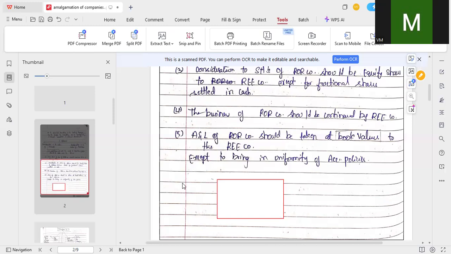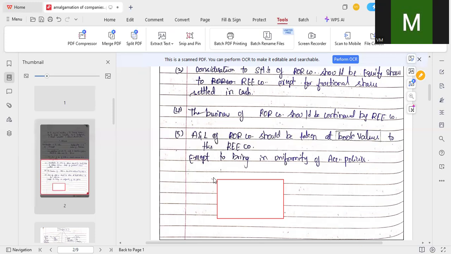The assets and liabilities of Instagram to be taken over by Facebook should be taken at book values, not at desired values, not at values decided or pre-decided at the wish and will of Facebook. Right. Except to bring uniformity in accounting policies.